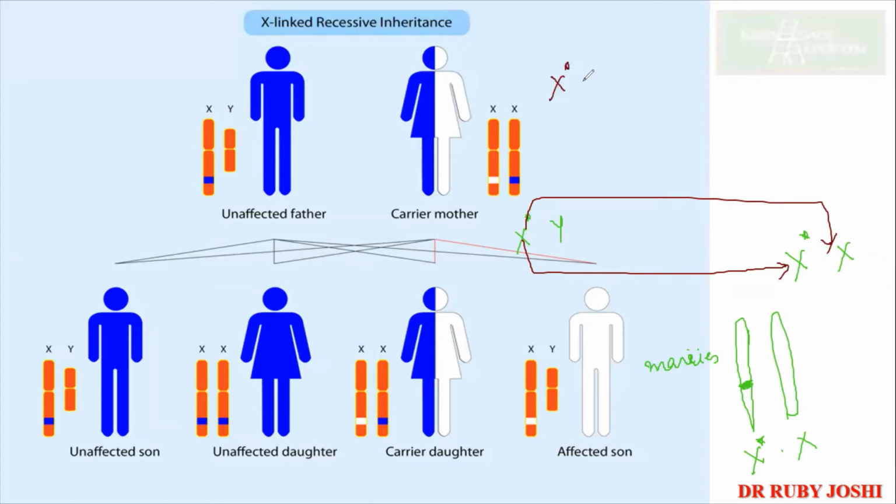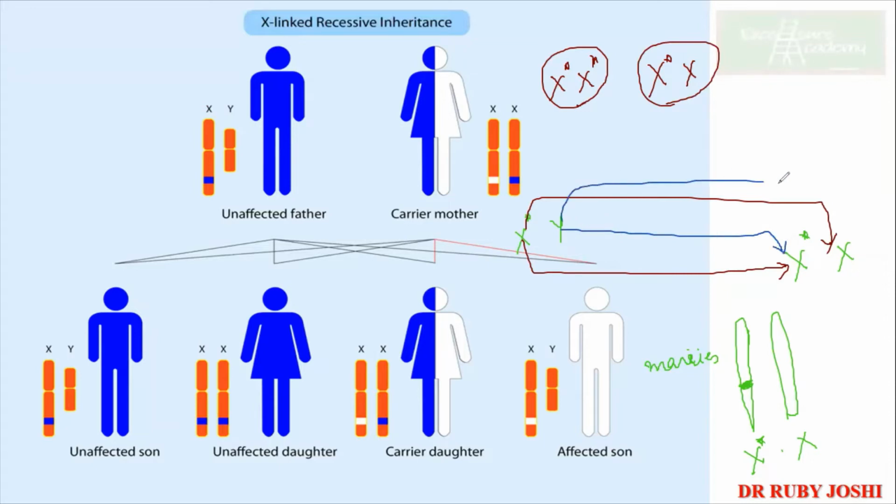तो क्या क्या मिलेंगे मुझे? X affected, X affected. ये एक हो गया. X affected, X normal, right? Now another one, Y. Y with the X affected, Y with the X normal. So X affected, Y normal, X normal, Y normal. Okay.